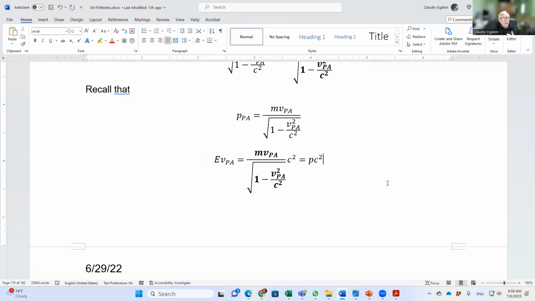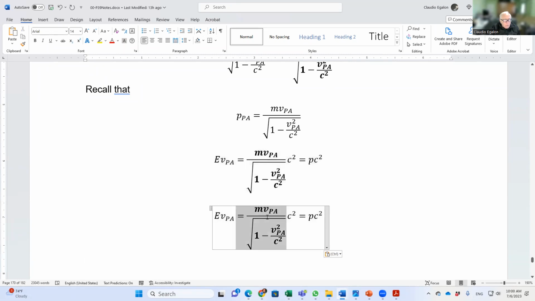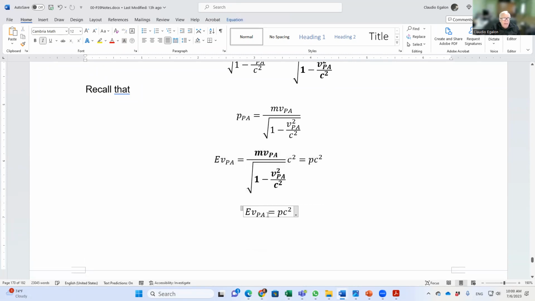In Physics 38, we were able to find out what was the linear momentum of the photon. And that was the equation that we used. Okay? So there is a relationship between total energy and the linear momentum in relativity.